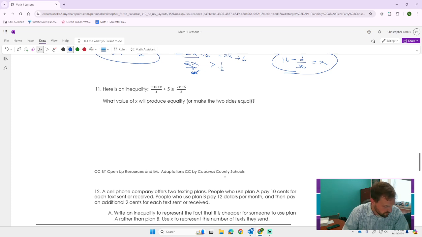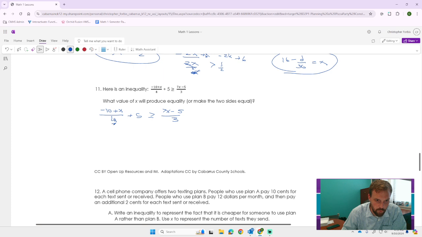All right, in this particular case, let's see. I'm going to write everything down. We got negative 10 plus x over 4, plus 5, greater than or equal to 7x minus 5 over 3. All right. Again, I don't like fractions, so why don't we multiply both sides?